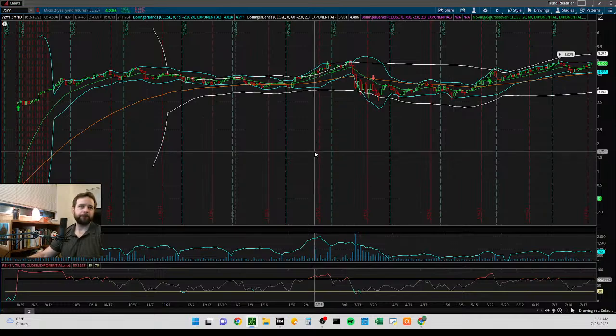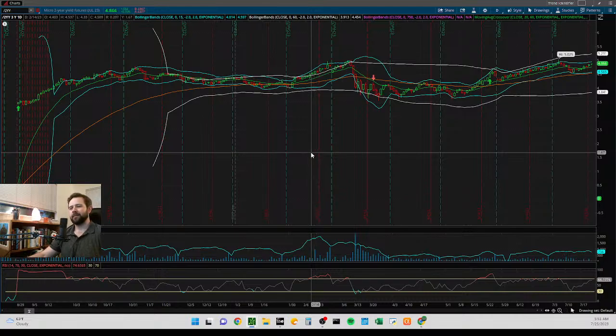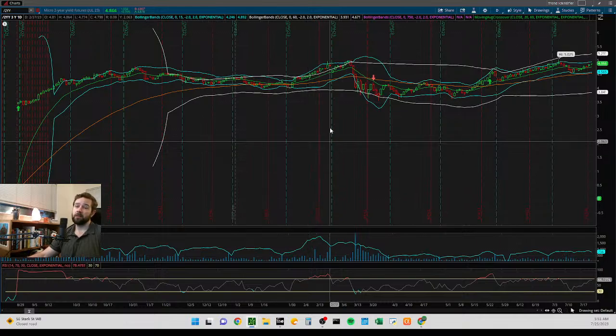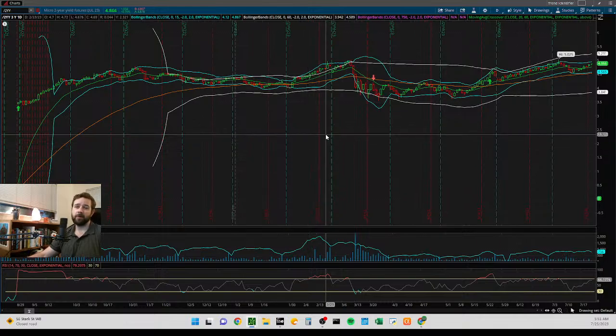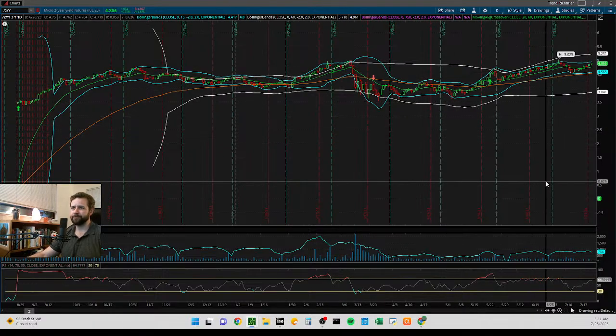So bonds are tricky because they're not going to go up forever the way that potentially a stock could. But that doesn't mean bonds still won't lose value if you buy bonds now.